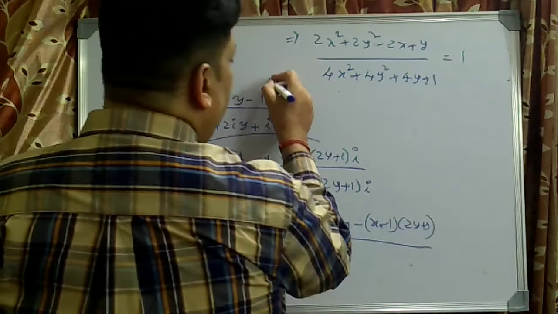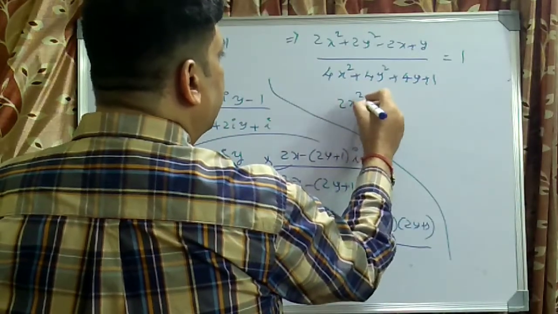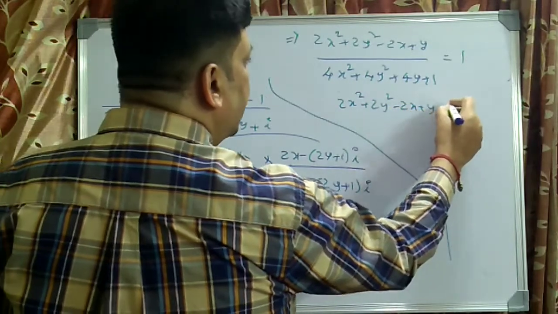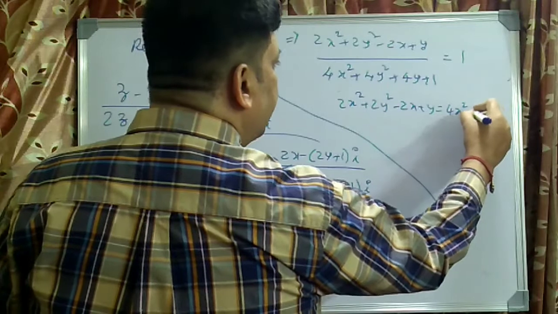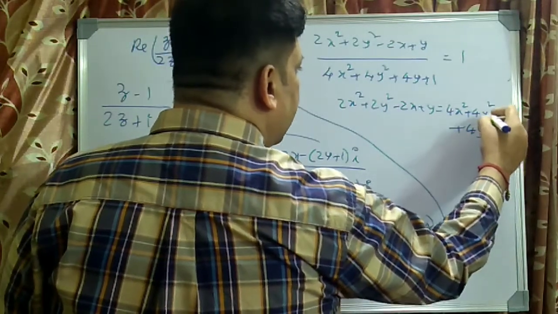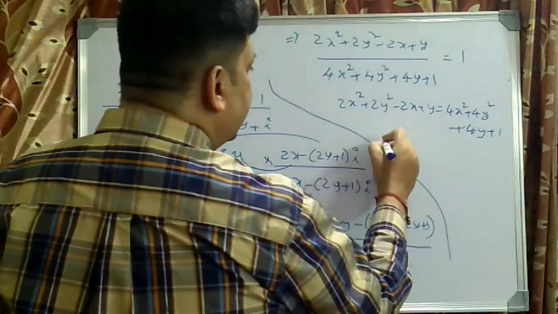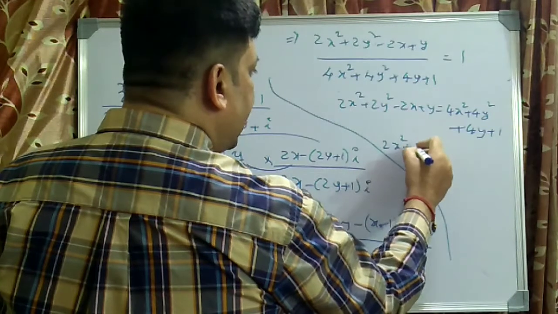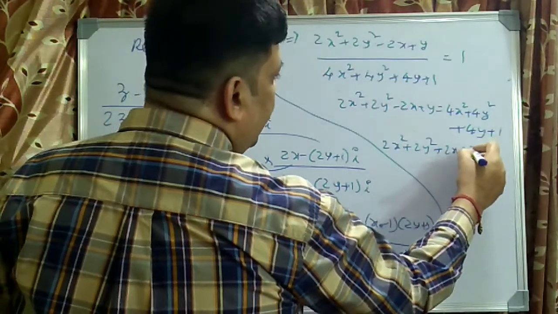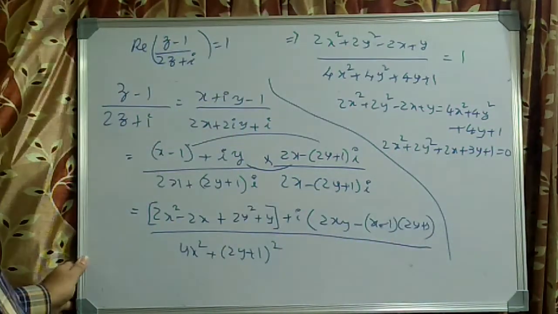Now simplifying this, now you see 2x square plus 2y square minus 2x plus y is equal to 4x square plus 4y square plus 4y plus 1. So take everything to the right hand side. So I get 2x square plus 2y square plus 2x plus 3y plus 1 is equal to 0.